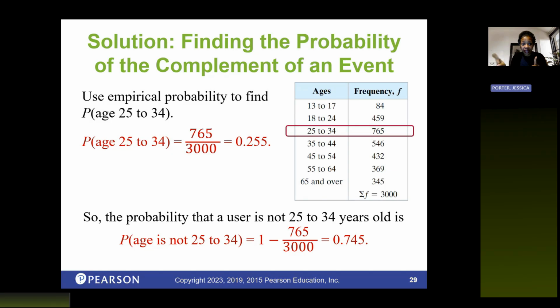Now, the way they did it here is slightly different from the way we looked at it. They figured out the probability of ages 25 to 34, which is 0.255. And then we subtract that probability from 1. So 1 minus the event is the probability of its complement.